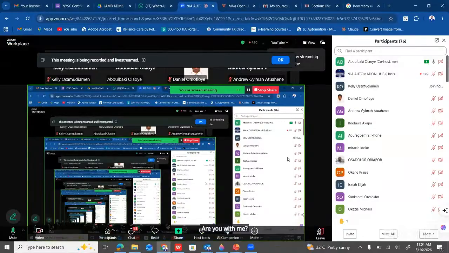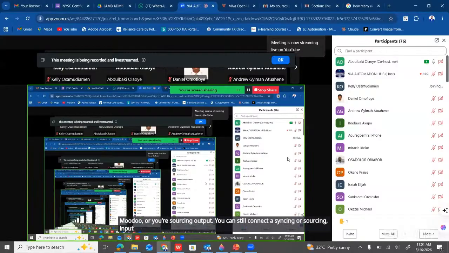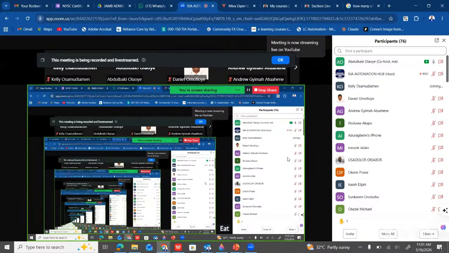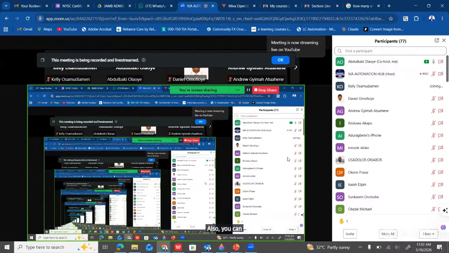Whether you have a syncing input module or a sourcing output module, you can still connect a syncing or sourcing input to it. You can connect your NPN sensor or your PNP sensor to a syncing module. Also, you can connect your NPN or PNP sensor to a sourcing module.